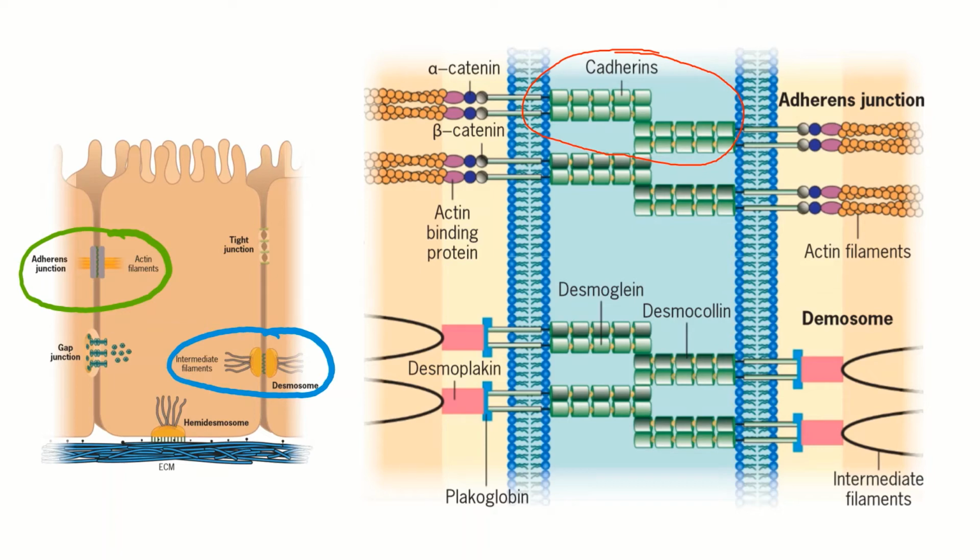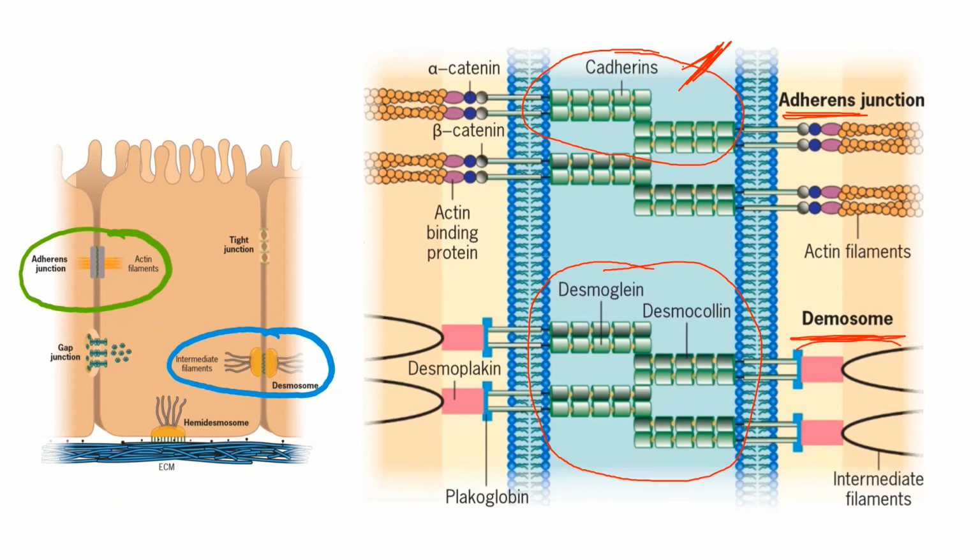While in desmosomes, there's a special type of cadherin called desmocollin and desmoglein, which also bind together to adhere the two cells together. So these are important differences between the adherens junction, the type of cadherins that are involved in the adherence, and desmosomes.